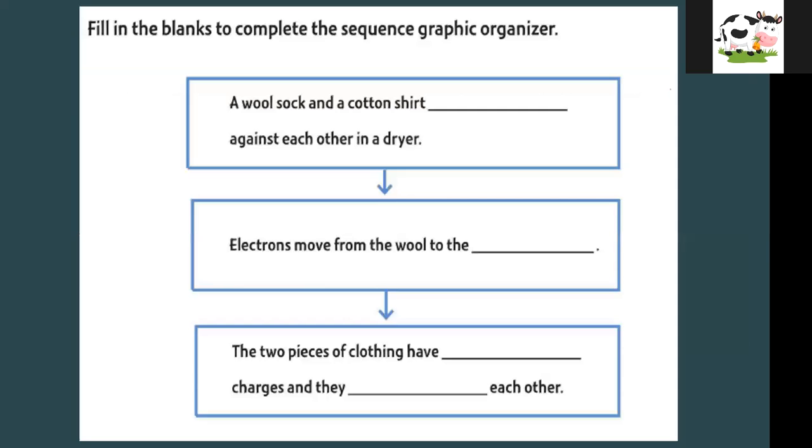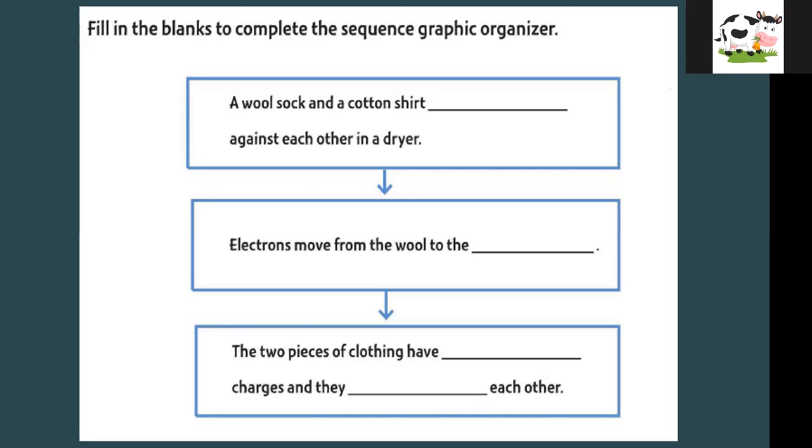Okay, good. So this is a flow chart, right? Let's fill in the blanks. What happens to these 2 pieces of clothing? They rub against each other, and then the electrons move from the wool to the cotton strip. Okay, and then the 2 pieces of clothing have what charge?